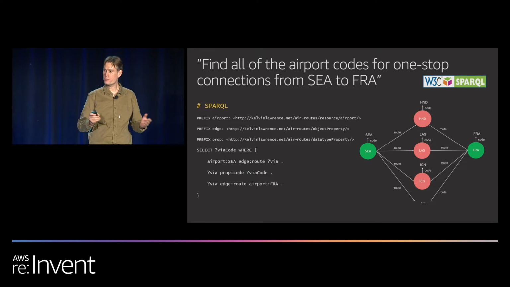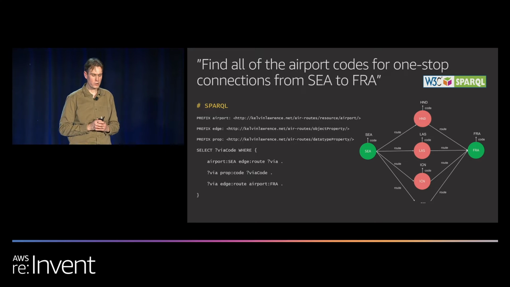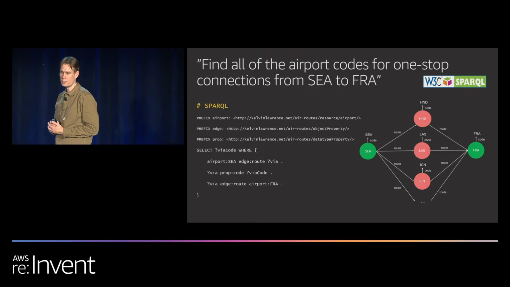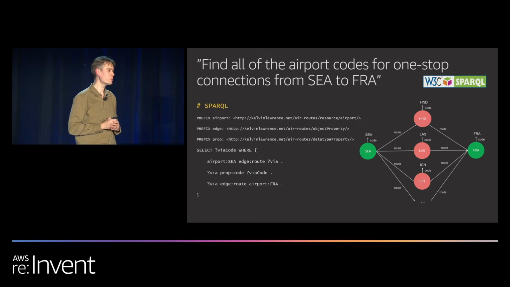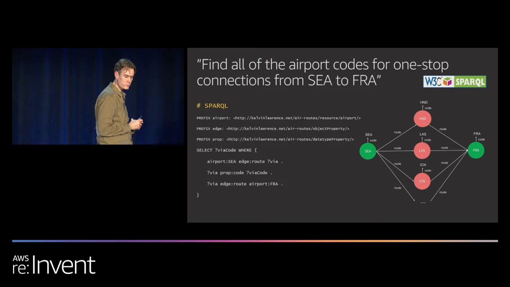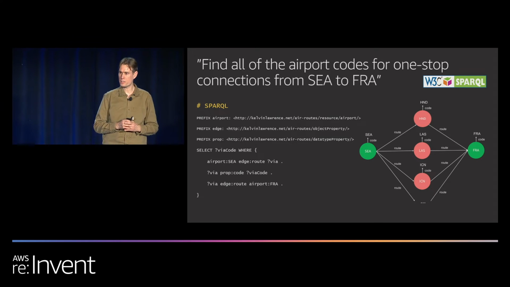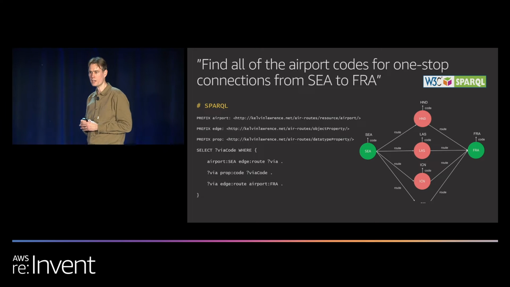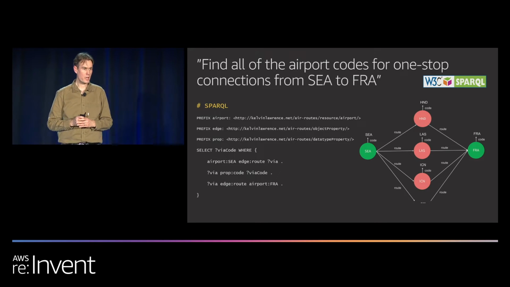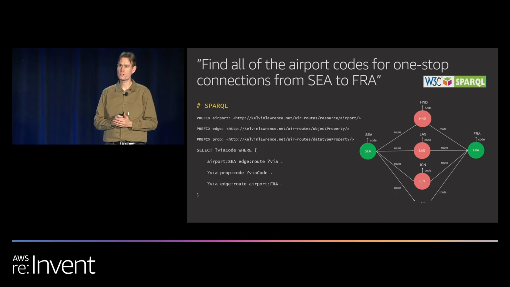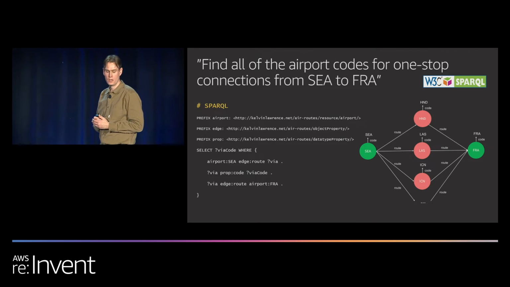Now, if we move down and take a look at the SPARQL query, you can see that SPARQL is a declarative graph query language. So it looks a little bit more like SQL in that regard. We have a select statement. We have a variable, the via code, that we're going to be returning as part of the select statement. Then we match what in RDF is called a triple pattern. We express these triple patterns to match the graph.